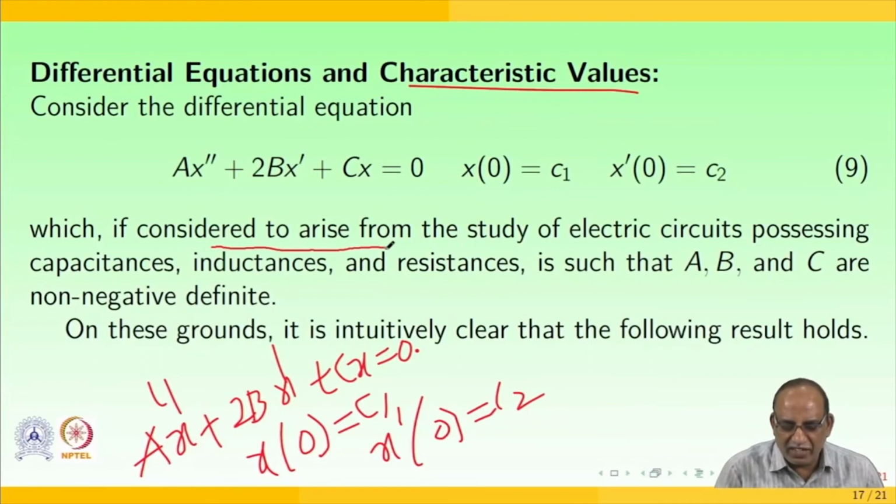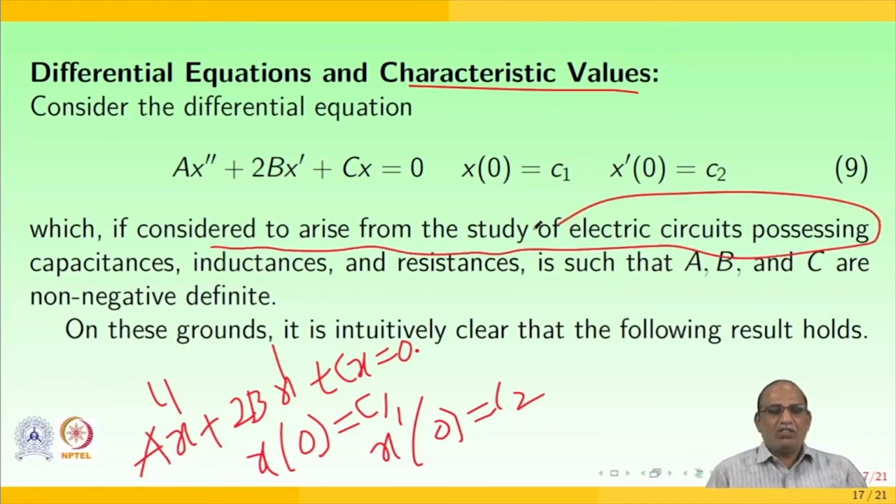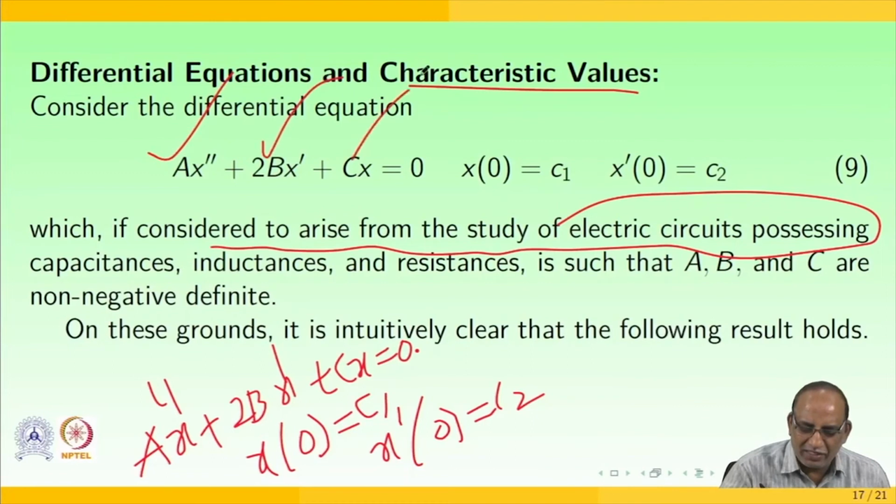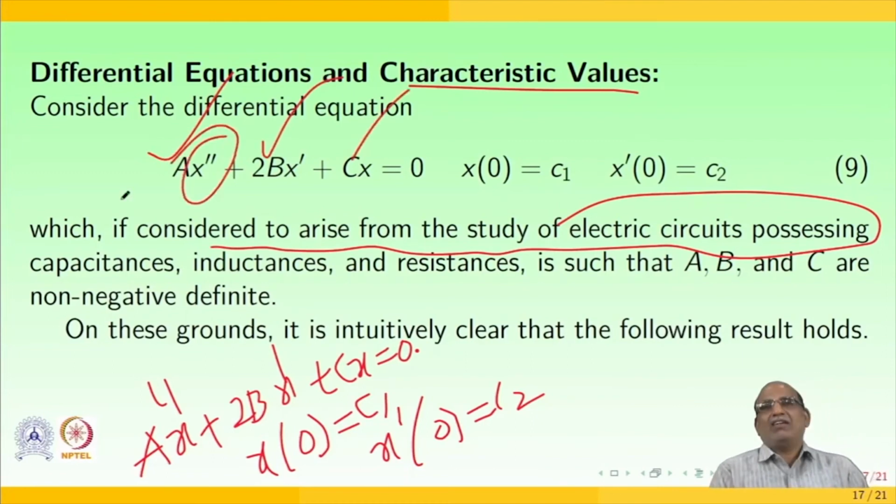If we consider such an equation from the study of electrical circuits, this is quite commonly come across in electrical circuits, where A, B, C are matrices, x double prime and x prime are the second and first derivatives with respect to the independent variable, x is the variable, and c1, c2 are constants.